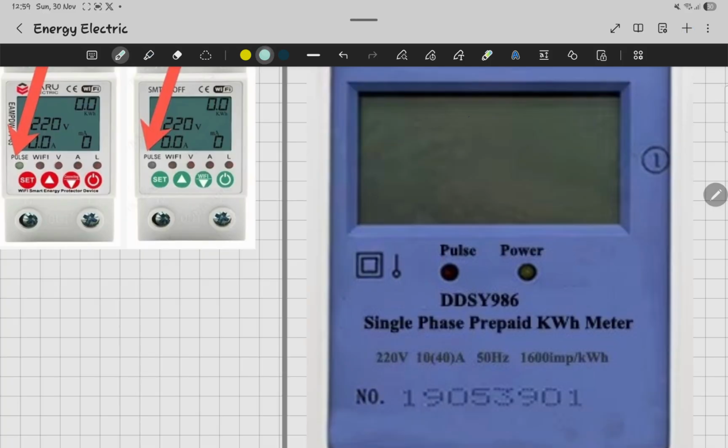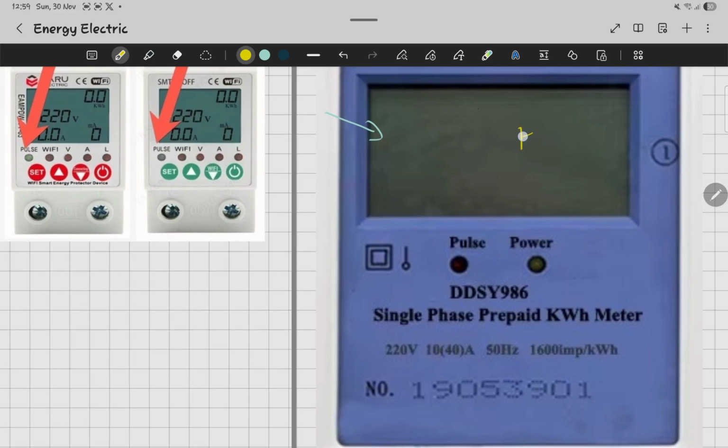So what we know is this is an LCD of our electricity unit, and the readings will be displayed in kilowatt. So it's going to be something like this: kilowatt hour. And we have this impulse LED that will be flashing on and off.